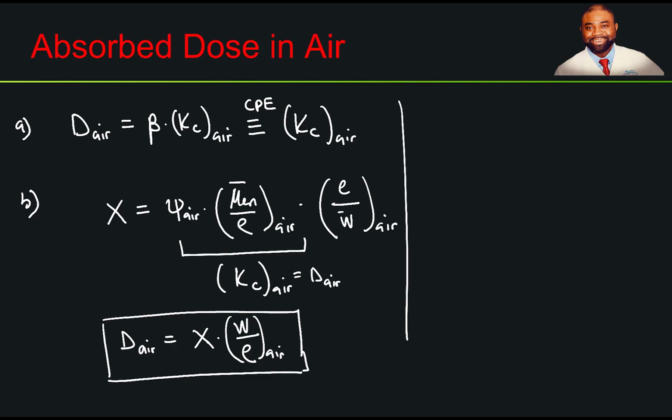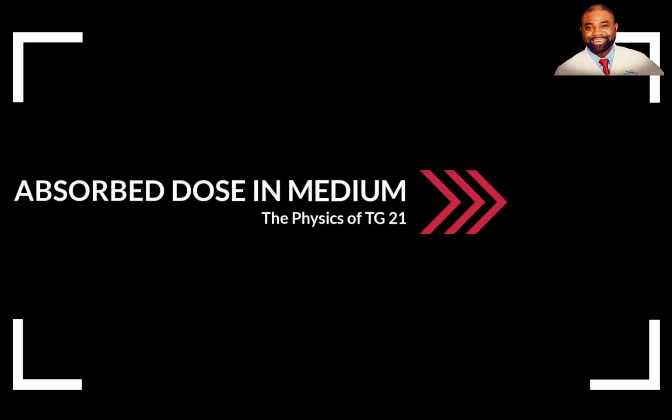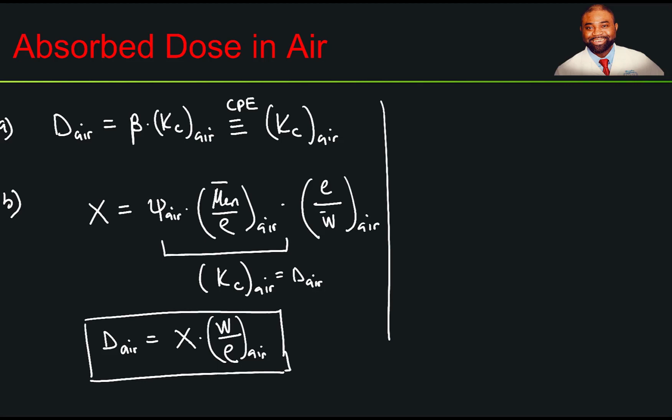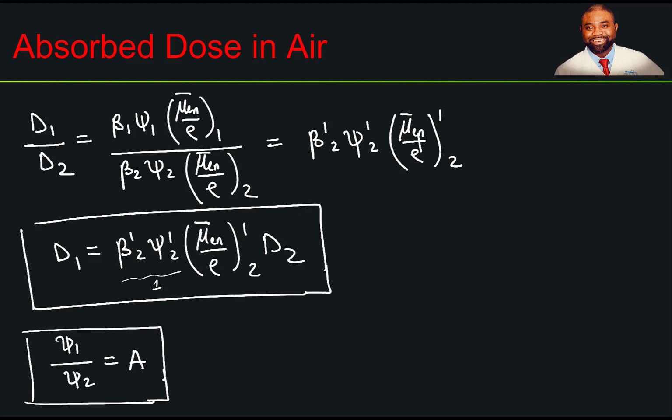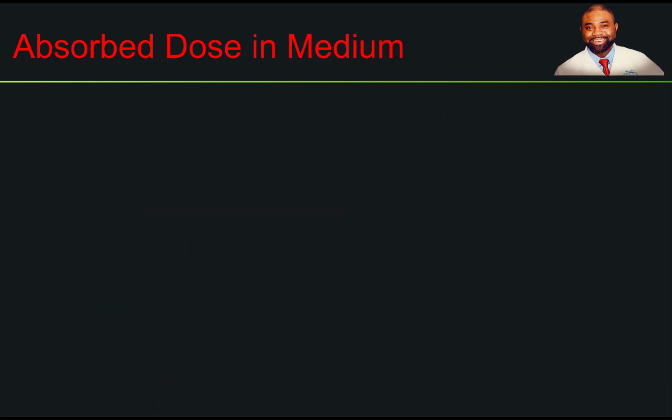What about the dose deposited in a particular medium? If we visit this equation, we know that D is equal to beta multiplied by the collision KERMA in that particular medium.